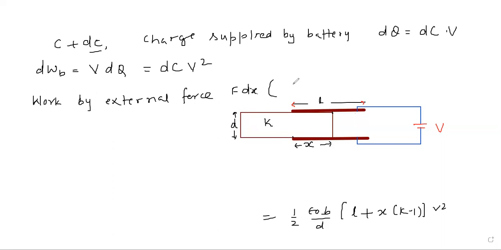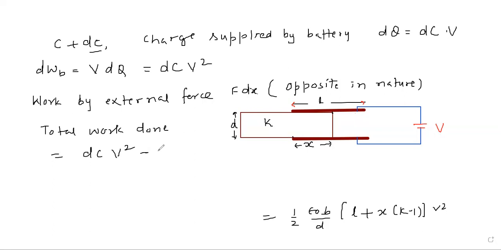So the total work done will be the sum of the two, that is work done by the battery plus work done by the external force. That will be dC times V square minus F dx.